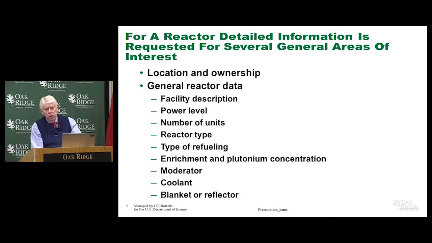And if you have any plutonium in the fuel elements, such as mixed oxide fuel might occur in a power reactor, the concentration of that plutonium in the fuel assemblies would be required. If they are thermal reactors, they would have information as to the type of moderator that the reactor uses. This might be graphite, heavy water, light water, or beryllium.